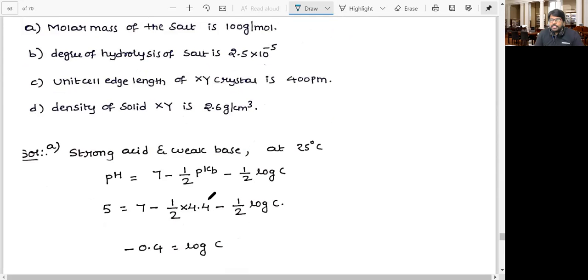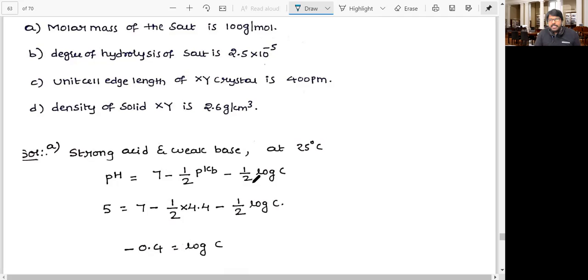At room temperature, pH is less than 7, the solution is acidic in nature. In some other chapter, of course, I will help you in proving all these things. So pH is equal to 7 minus half pKb minus half log C. That is the salt hydrolysis concept.